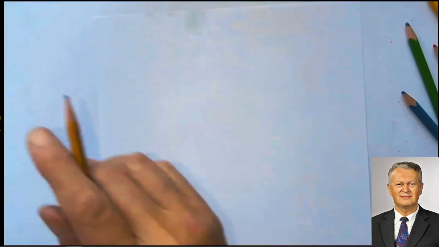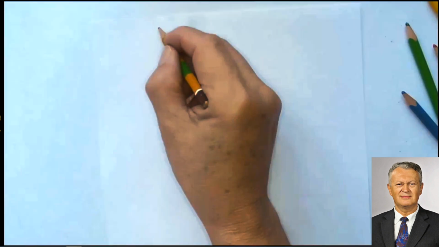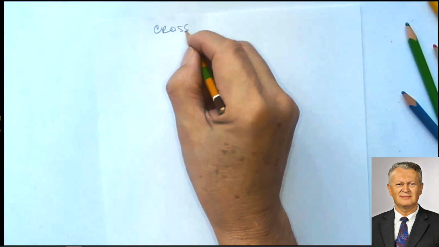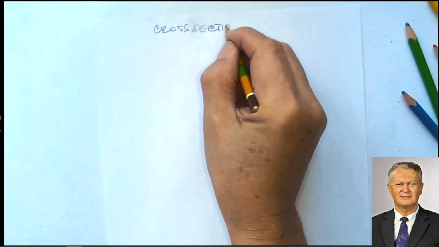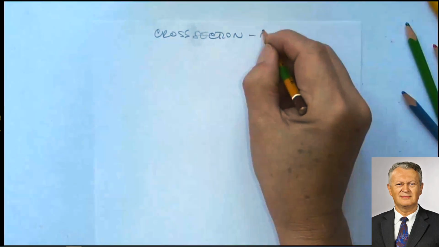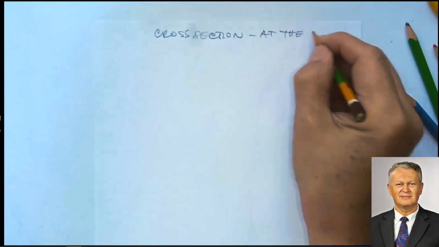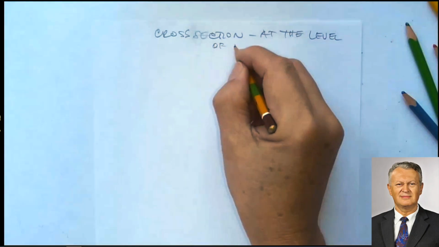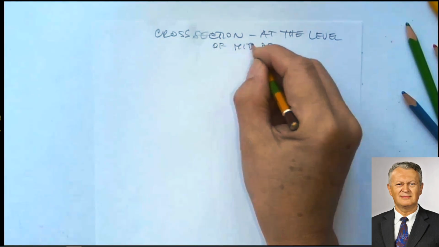And the very last drawing for today, for this lecture, we have still some minutes. The best would be the cross section, which is very nice. Sorry, it's a little bit more complicated, but fantastic. I would say cross section at the level of metatarsals.